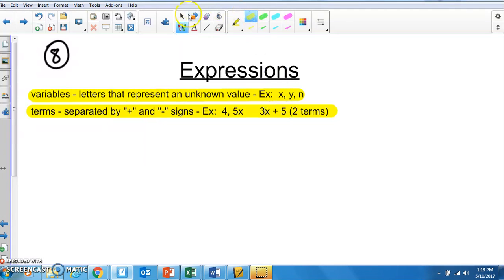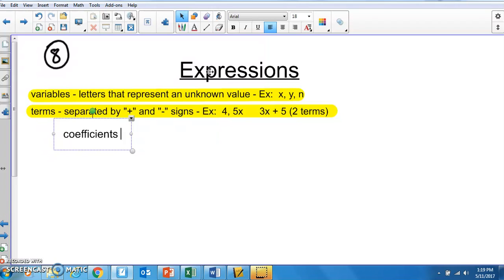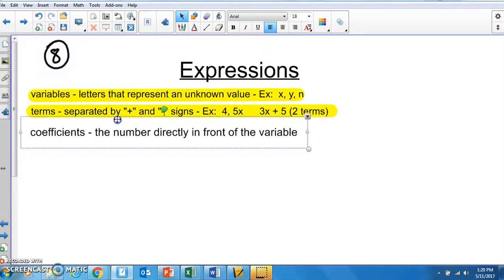All right, next term you need to be aware of is coefficients. Coefficients are the number directly in front of the variable.